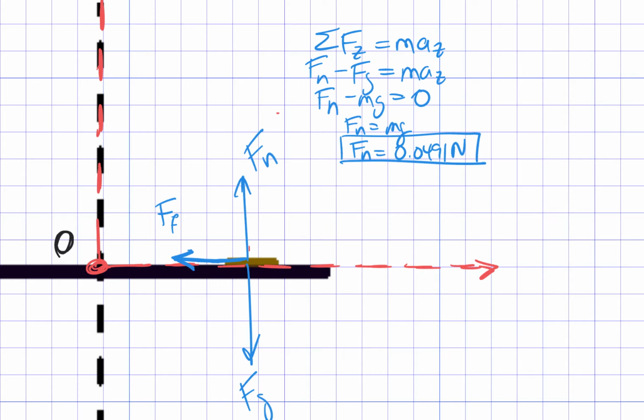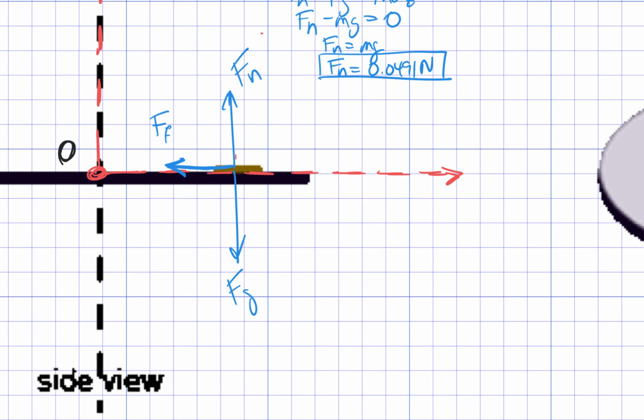All right, let's see what else we got. Part E, determine the friction force between the coin and the desk. Again, we're going to look at this little free body diagram we have here, and I'll do the sum of the forces in the r direction this time equals m a sub r.